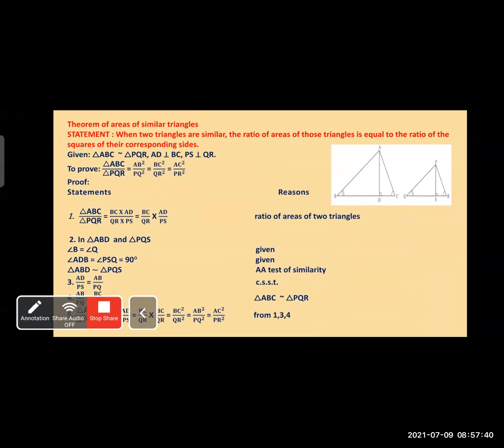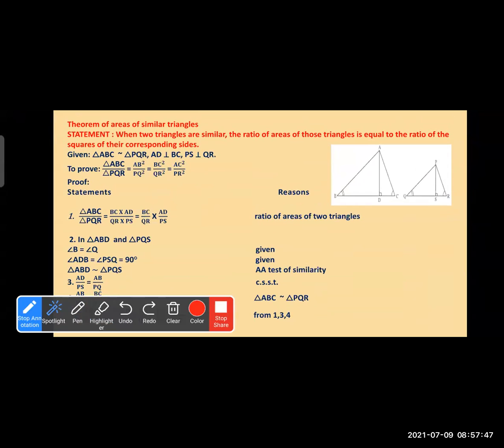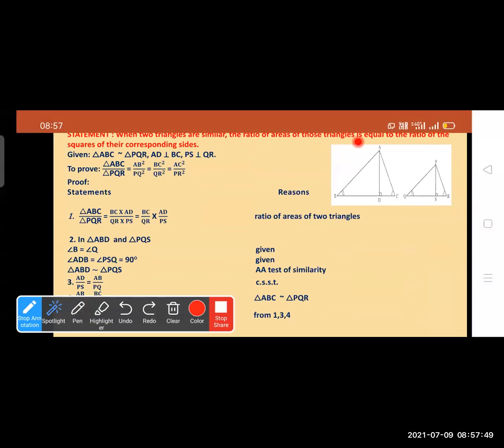Now, next, what do we want to prove? We prove that the ratio of the areas of these two triangles, area of triangle ABC to area of triangle PQR, is equal to the ratio of the squares of their corresponding sides.